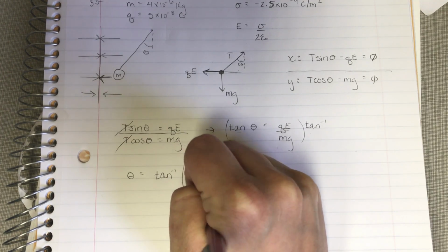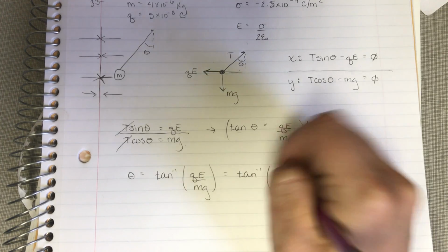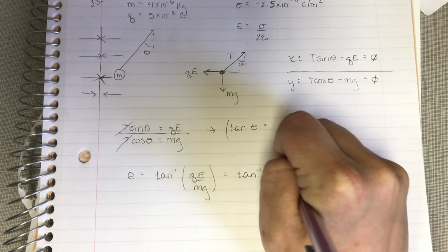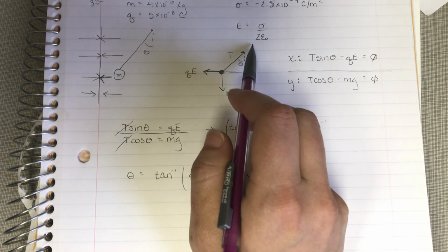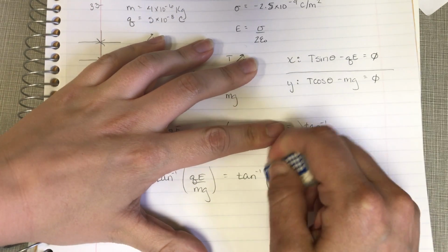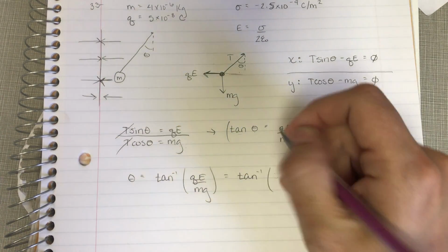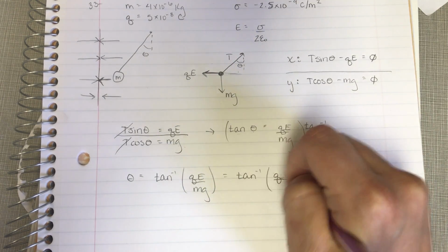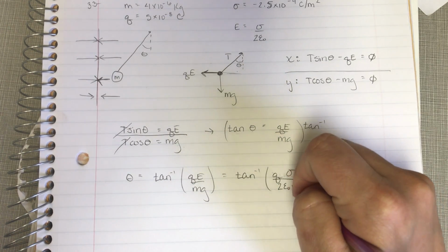So that's going to be inverse tangent of Q, which was 5 times 10 to the minus 8 coulombs. E was sigma over 2 epsilon naught. I guess we'll just plug that in first before we put in numbers, because otherwise this is going to get ugly. So Q times sigma over 2 epsilon naught, over mg.